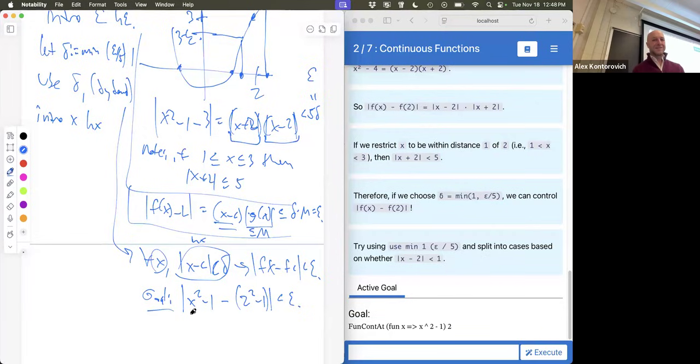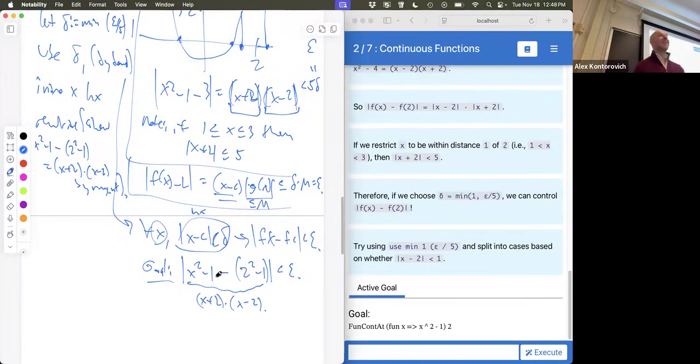But what is this? This is x squared minus 4. So let's rewrite, show this whole thing, x squared minus 1 minus 2 squared minus 1, is equal to x plus 2 times x minus 2 by ring normal form. Okay, so now this is turned into x plus 2 times x minus 2.